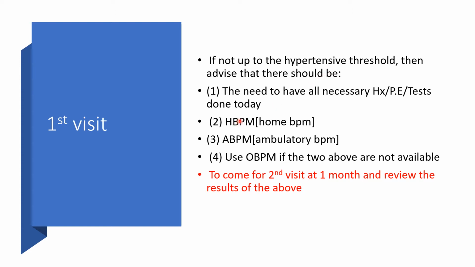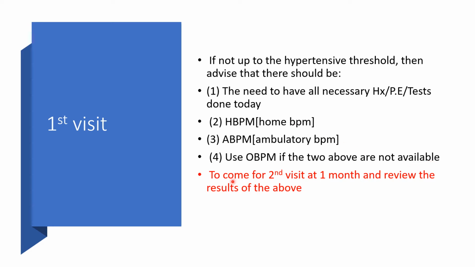Okay, so we'll go further after the history, physical examination, and tests have been done today. Then home blood pressure measurement or monitoring should start. The same with ambulatory. And then we will use office blood pressure measurement if the two above are not available.